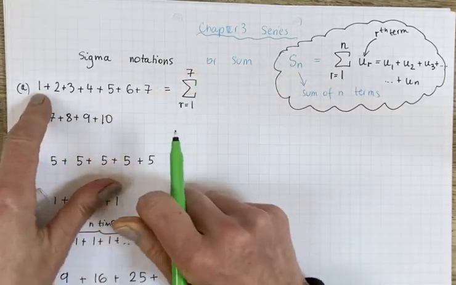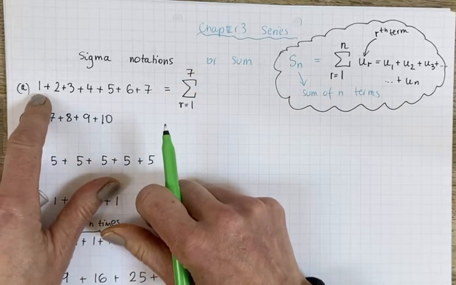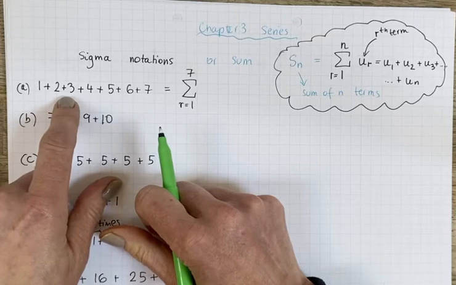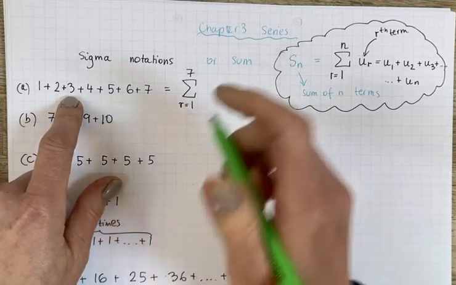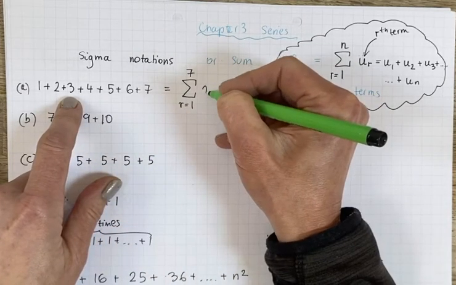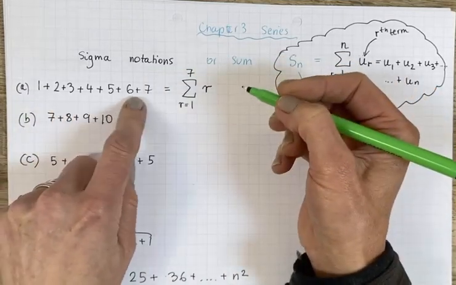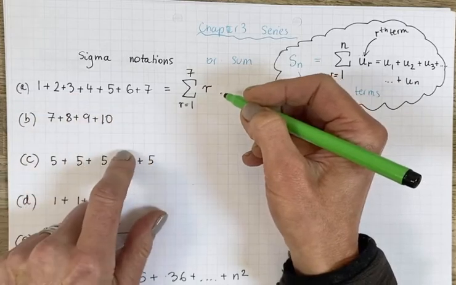When r was equal to 1, you had 1. When r was equal to 2, so the second term, it was 2. When r is equal to 3, then it was 3. So really the rule here for the rth term is r. Whatever the position we're talking about, this is our number.